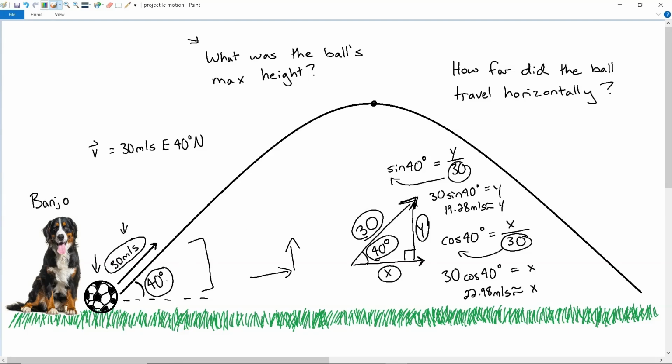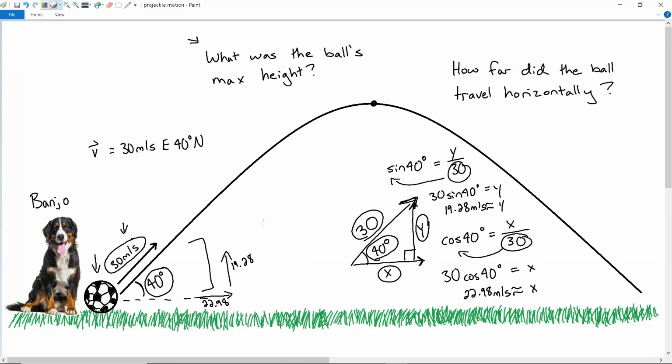So just from this angle, we now know the horizontal velocity is 22.98, and our vertical velocity is 19.28. I'm just going to erase these arrows here so it's not confusing.